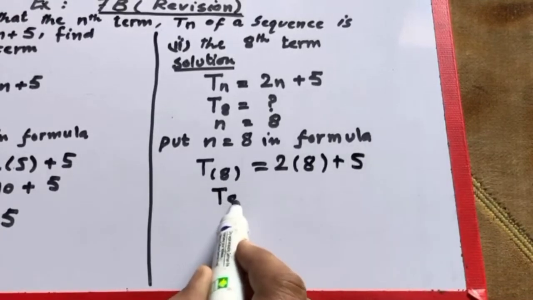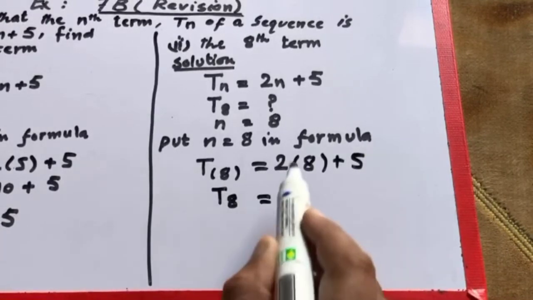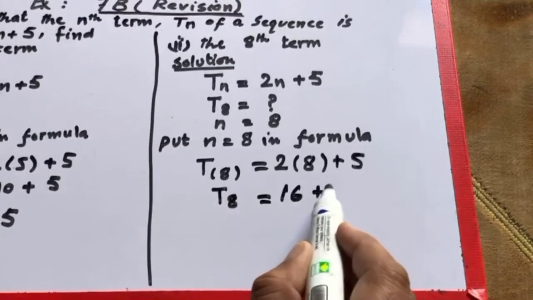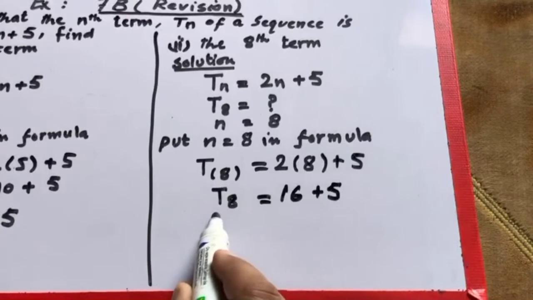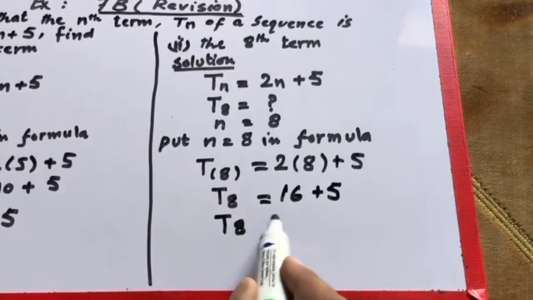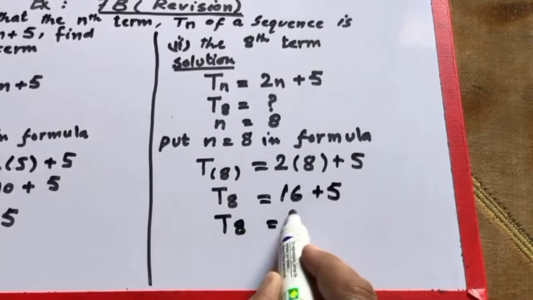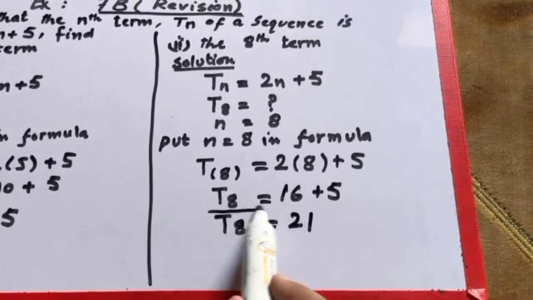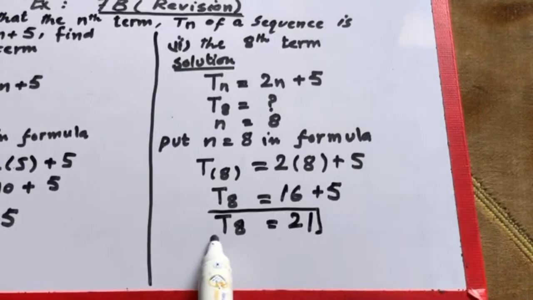So the 8th term is equal to 2 8s are 16 plus 5. So the 8th term is equal to 16 plus 5, which becomes 21. So the 8th term is equal to 21, which we had to find. So it's our term number 8.